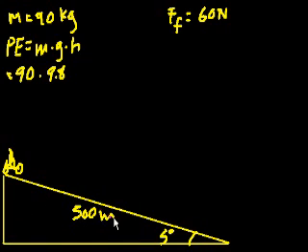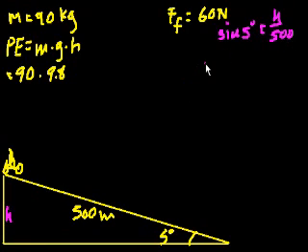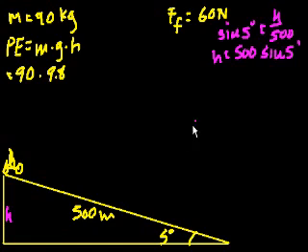We know the hypotenuse, and we know this angle here. So the sine of this angle is equal to opposite over hypotenuse. So, SOH. Sine is opposite over hypotenuse. So we know that sine of 5 degrees is equal to the height over 500. Or that the height is equal to 500 sine of 5 degrees.